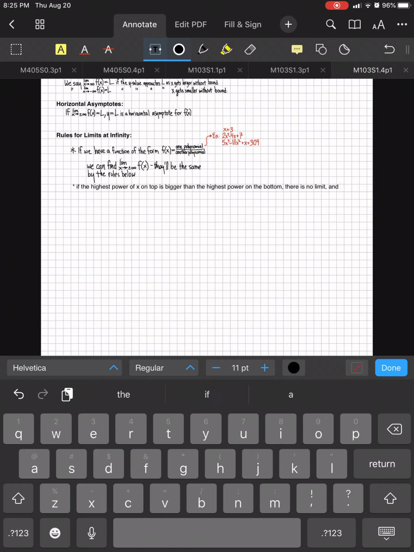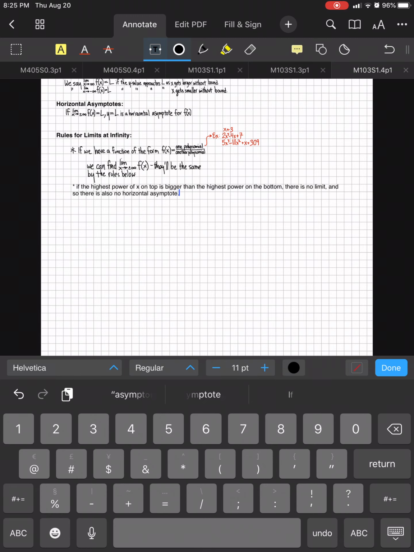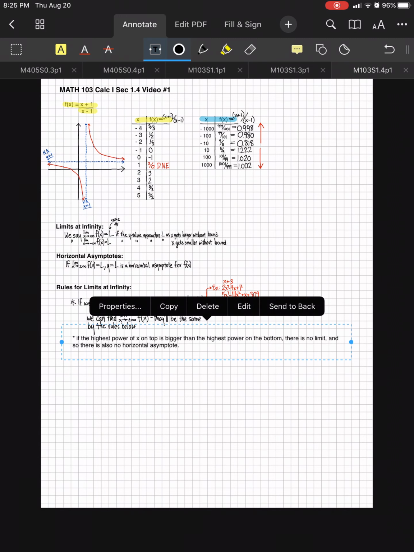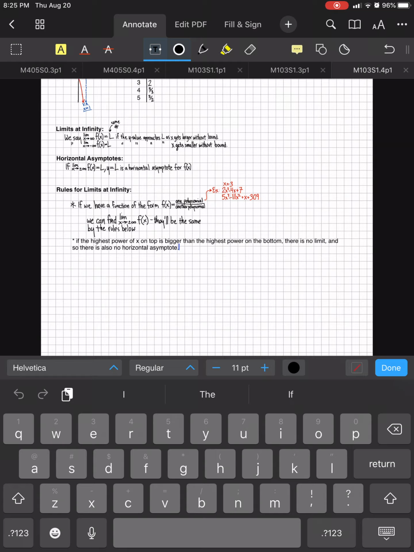And so there is also no horizontal asymptote. Let me edit this again here.